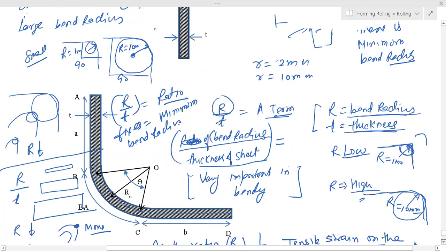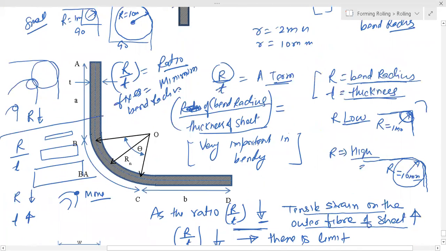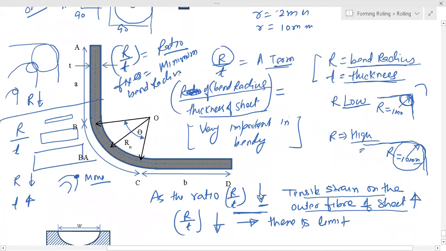Now, as the R by T ratio decreases, it means R will decrease, suppose thickness is fixed.